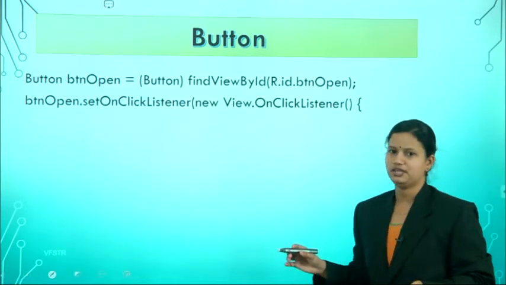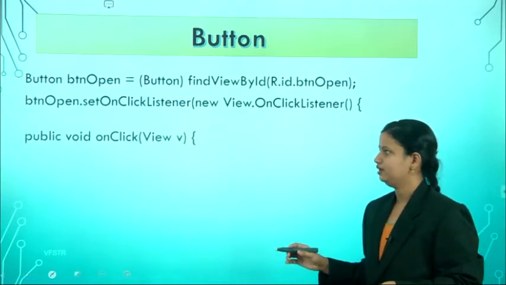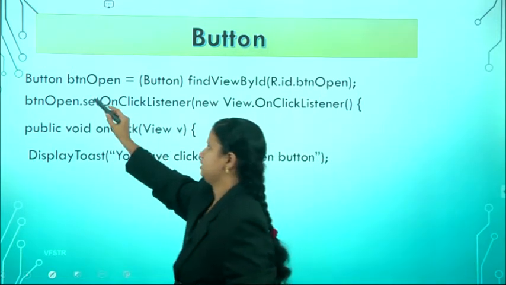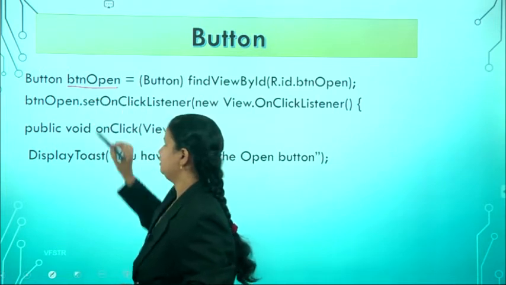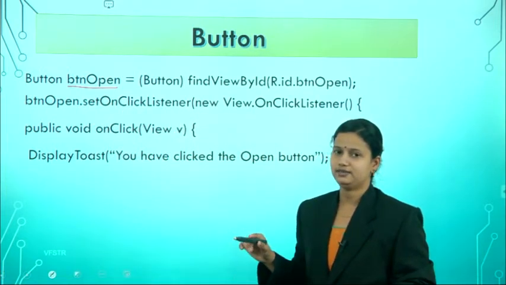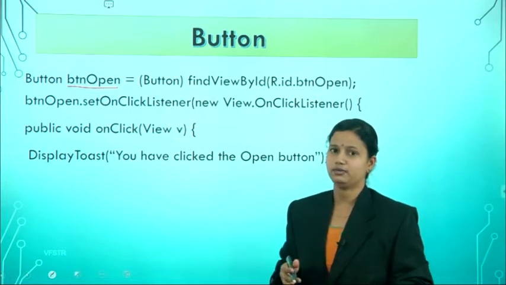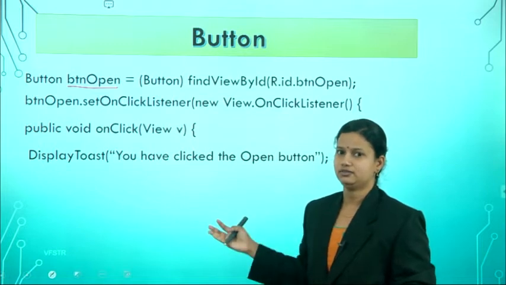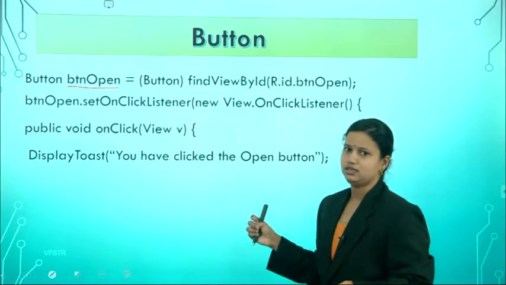For handling the button, first of all we have to create an object for the button. So the button object is created as btnOpen. We have to decide whether the button object is related to the Open button or to the Save button.